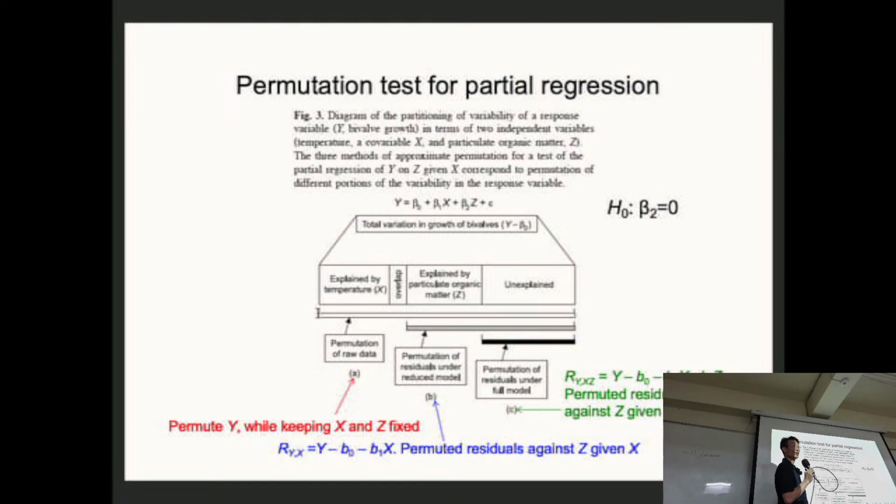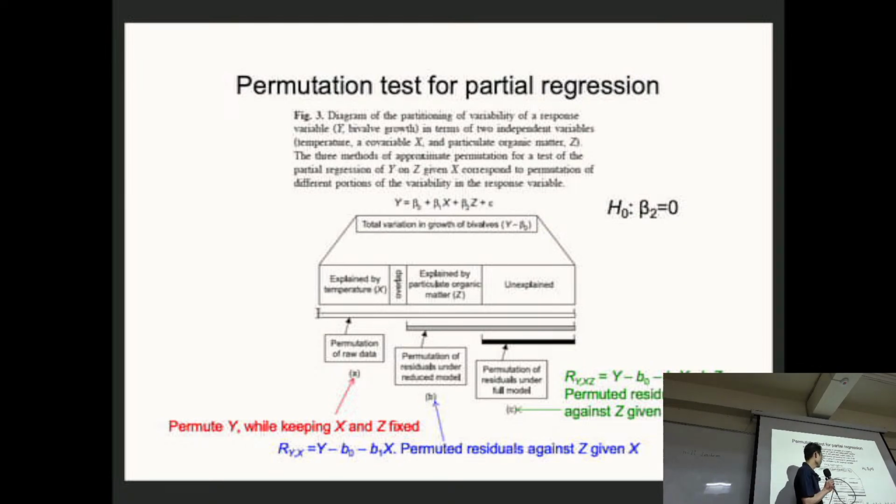The residual has already had the effect of X removed, so that's the remaining effect. Then you permute the residual against Z given X. Basically, you permute the residual and put it back.